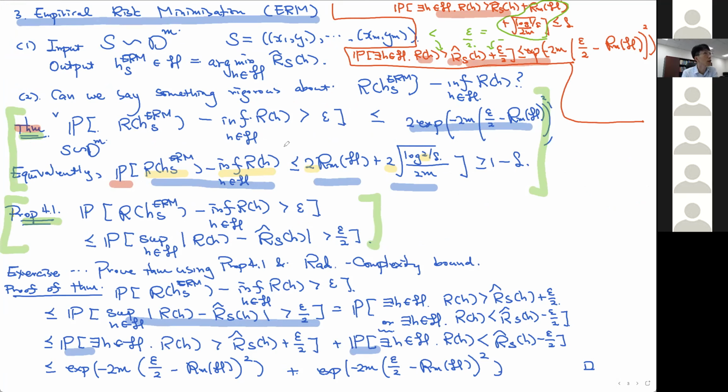The estimation error is bounded by the quantity that I wrote here with a high probability. And then the key step of the proof is to relate the probability that the estimation error is large with the probability that the difference between the empirical risk and the risk becomes large. So that's empirical risk minimization, and we get an analysis about it.